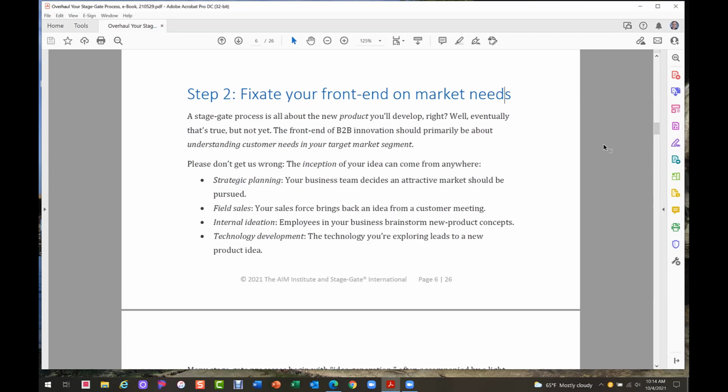We do find when a team is very open-minded about the market and what it wants, and they let the discovery interviews give them some really cool ideas to work on, they're very successful. But it can also be that you've decided in your strategic planning, hey, this is an attractive market. We don't know what it wants. Let's go after it. It could be that your field salespeople keep coming back and say, boy, it just seems like customers want this.